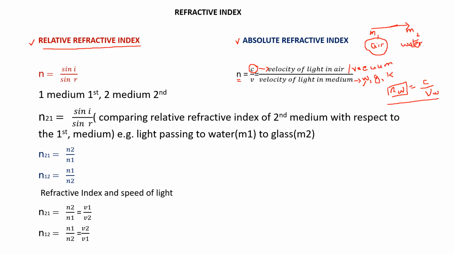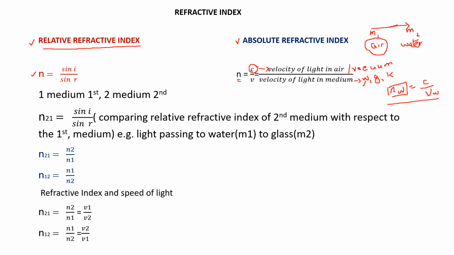The angle of incidence will be given in the numerical, angle of refraction also will be given, and you have to solve them. Very simple numericals will be based on this. So this was the very first, Snell's law definition of refractive index. Then this is the second definition of refractive index.